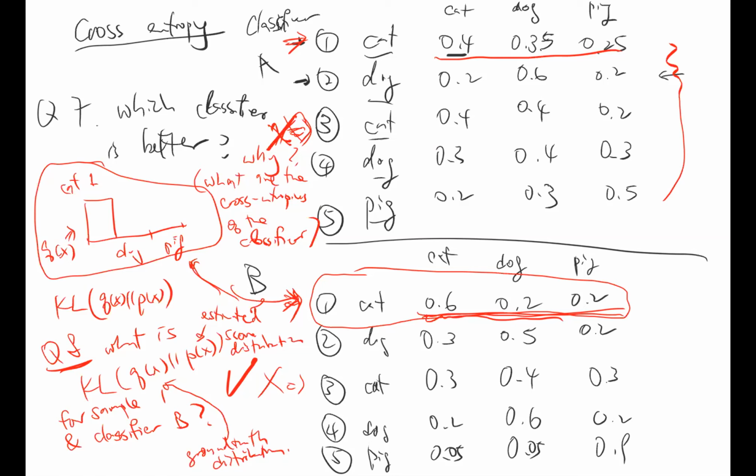So do any others have answers? Is the question clear? Did I explain the question clearly? Go back to question 7 and compute the sum of cross entropy for each of the data points. Then you can determine which one has the smaller cross entropy, and you can say which one is actually better.